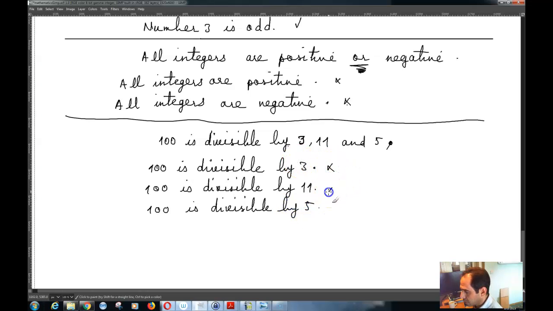This is false, this is false, this is true, and they are connected by AND basically.